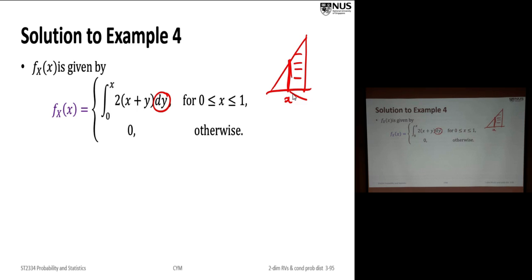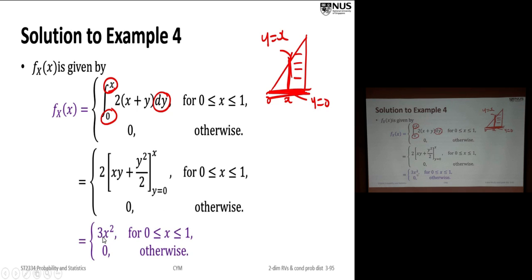Then what is the y value here? The y value is 0. What is the y value here? The y value equals x. So it's from 0 to x, over the range of x from 0 to 1. That's how you get it. I leave the integration for you to complete. The answer is 3x squared for x between 0 and 1.